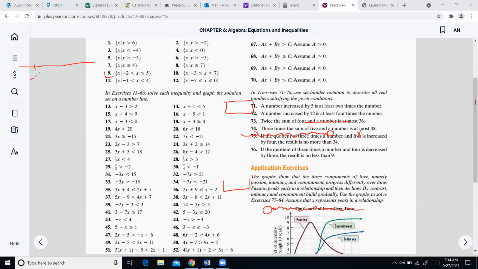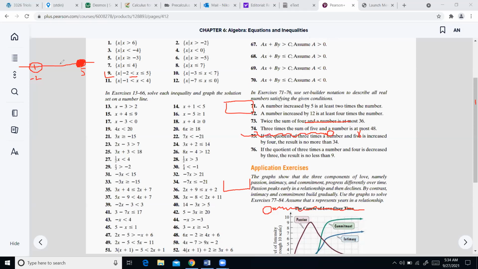We're going to put -2 with an open circle on the left because we don't have an equal sign here, right? Number 5 will be on the right. It's bigger than -2, so it is on the right along the number line. But we have an equal sign, so I'm going to have to include this number in my solution set.